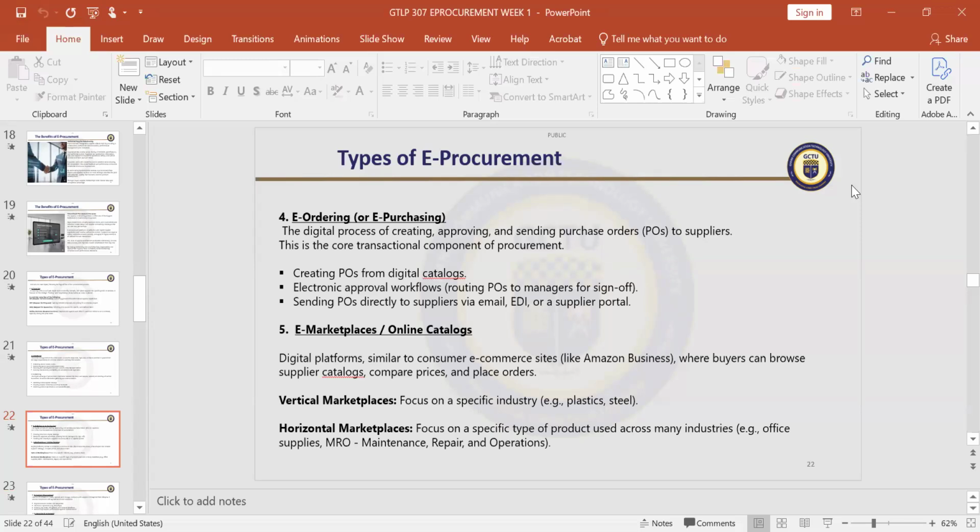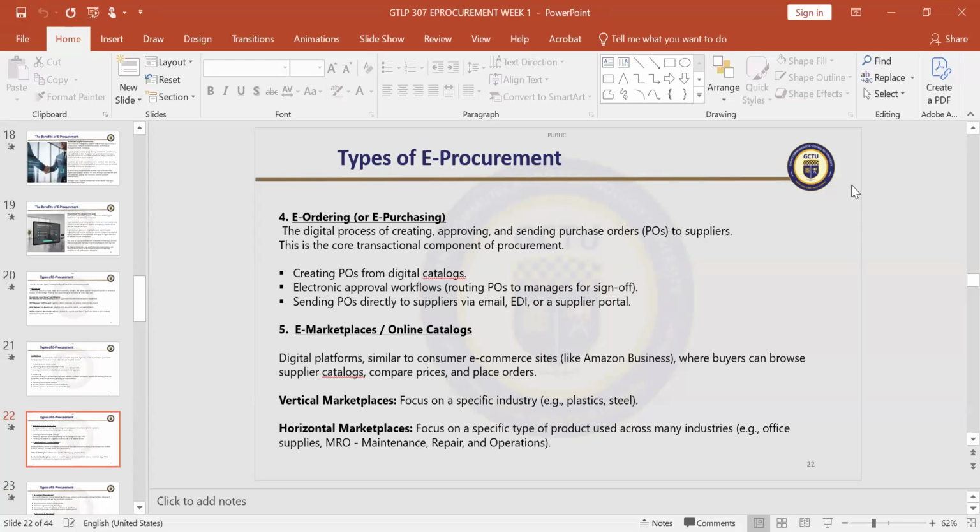So a stationery market is a horizontal market, right? A company that sells toners for printing is also a horizontal market. Why? It sells across different institutions. So a company into medical equipment like Elaine's will definitely go to a horizontal market to buy A4 sheets, toners, and computer accessories.